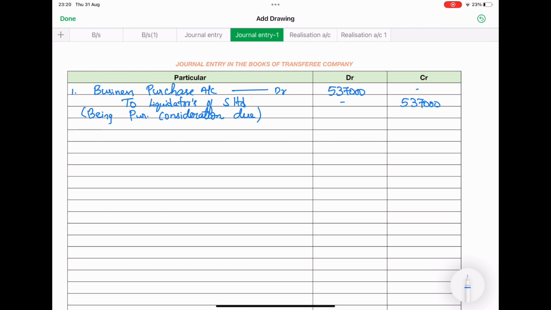Next one, so we are going to incorporate the assets and liabilities, isn't it? So listen carefully. You have to look into the value of assets in S Limited now. So you should have the questions, students. If you don't have the questions, it will be confusing always.